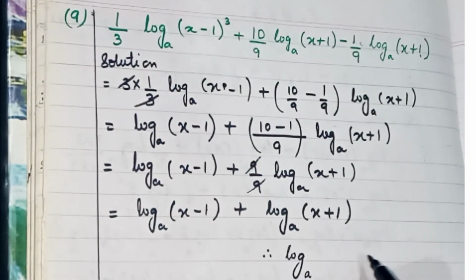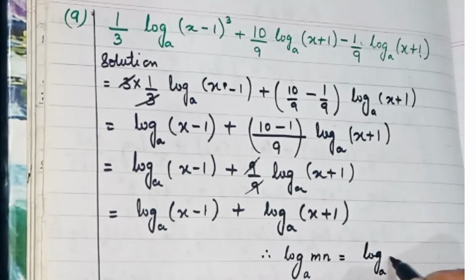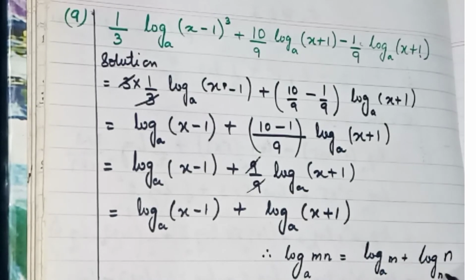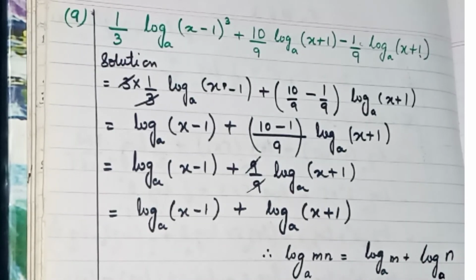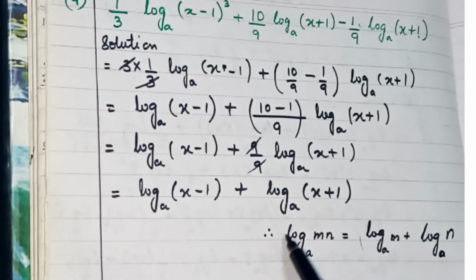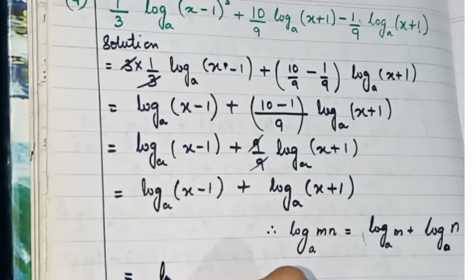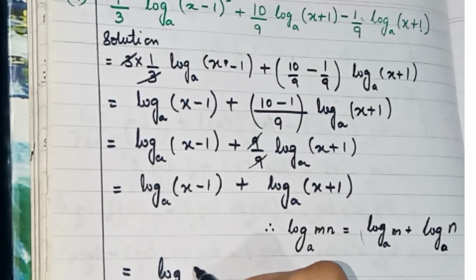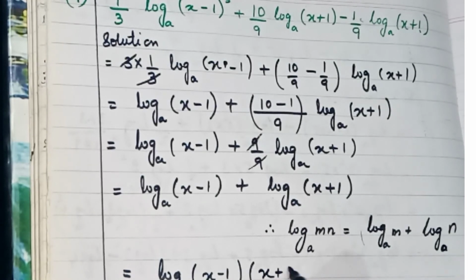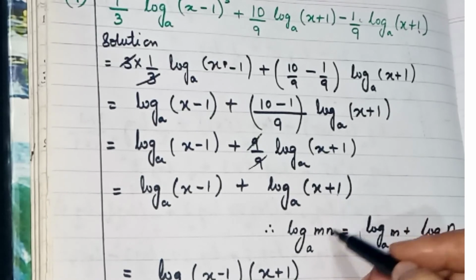According to the first law of logarithm, log of mn is equal to log of m plus log of n. This time we are given this side of the logarithm, so we can convert it into this side. So I can write it like this. We have to convert it like x minus 1 will be multiplied with x plus 1. This one will be m and this term will be n.